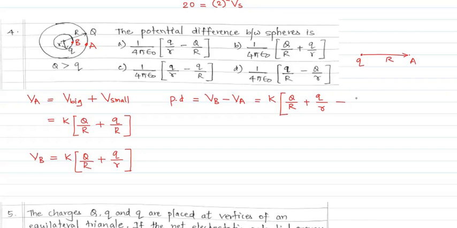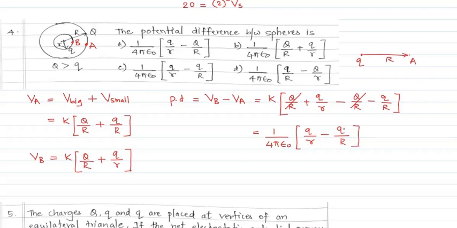Both you are required to subtract: minus q by r minus small q by capital R. So here this gets cancelled, this gets cancelled, q by capital R. So you will have the answer 1 by 4 pi epsilon naught into bracket q by small r minus q by capital R.